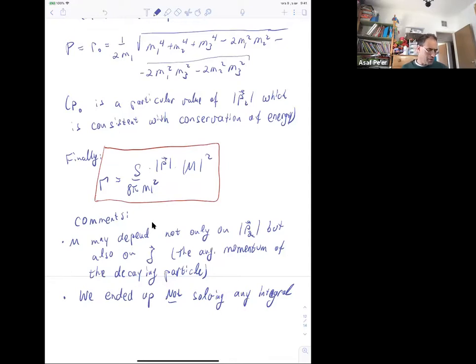We had conservation of energy, and as long as the decaying particle is a scalar particle, not a vectorial particle, and doesn't carry any angular momentum, then we don't have any dependence on the orientation. So it was easy. Of course, if a particle decays into more than 2 particles, then we do have to carry the full integration. We will not be able to escape it. Questions about that?